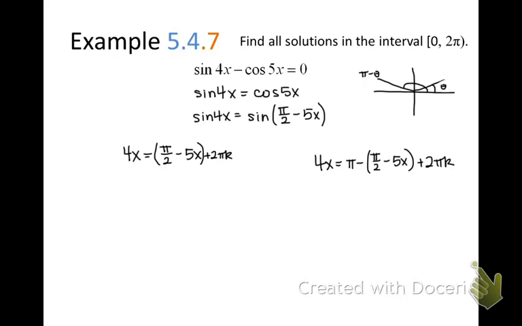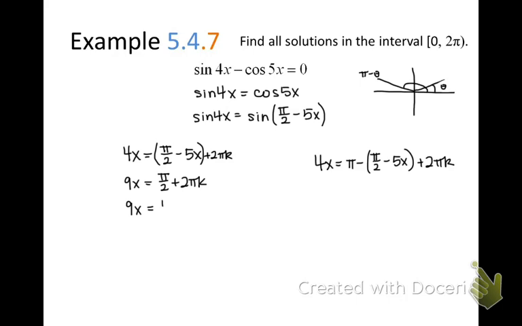All right. Let's start on the first one. So over here, we would be adding our 5x over to get 9x equals pi over 2 plus 2 pi k. That gives me 9x equals, I'm going to condense this just like the same work we were doing before.